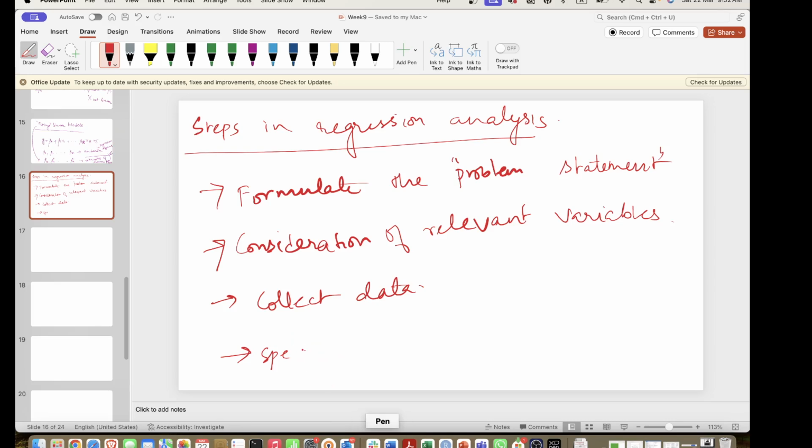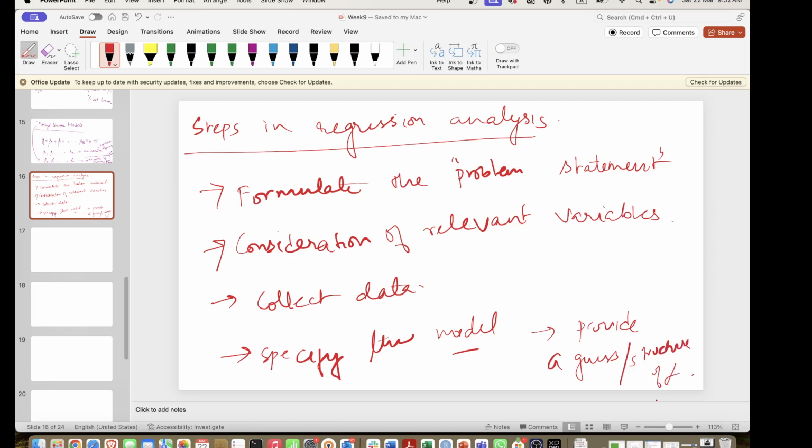Now once we have the data collected, then we need to specify the model, or in other words, we need to provide a guess structure of F. Okay, so we are going to assume that F is of the form beta naught plus beta 1 x and so on and so forth, and then proceed further to see how well this sort of a model is explaining whatever observed data I have.